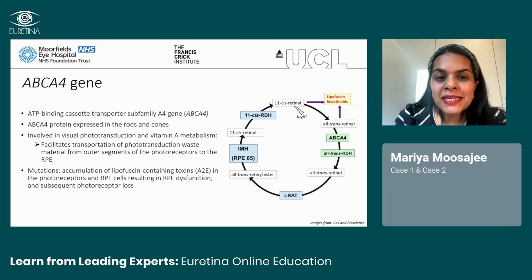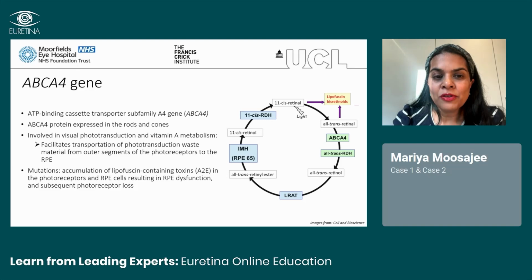So the protein facilitates transportation of phototransduction waste material from outer segments of the photoreceptors to the RPE. Now, mutations in this gene lead to an accumulation of that lipofuscin containing toxins like A2E in the photoreceptors and the RPE cells, which result in RPE dysfunction and RPE loss and photoreceptor loss.